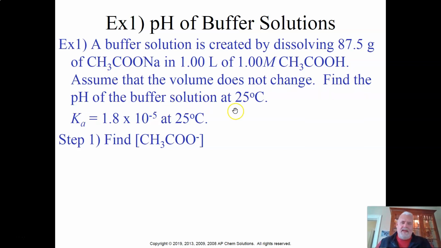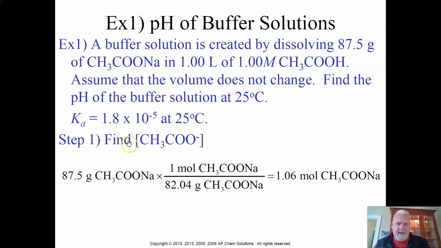Now we're going to find the pH of the buffer solution at a given temperature. Ka is given for that given temperature. To find the concentration of the acetate ion, very simple. You just take the 85 grams, you get your purple sheet out, and you look up the molar mass, and you're good to go. It turns out it's 1.06 moles of the sodium acetate.